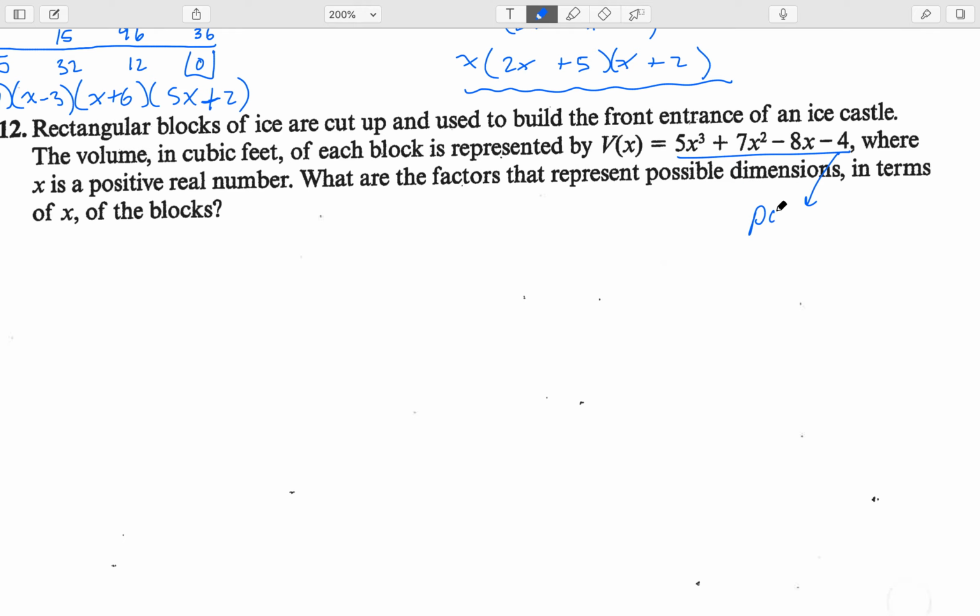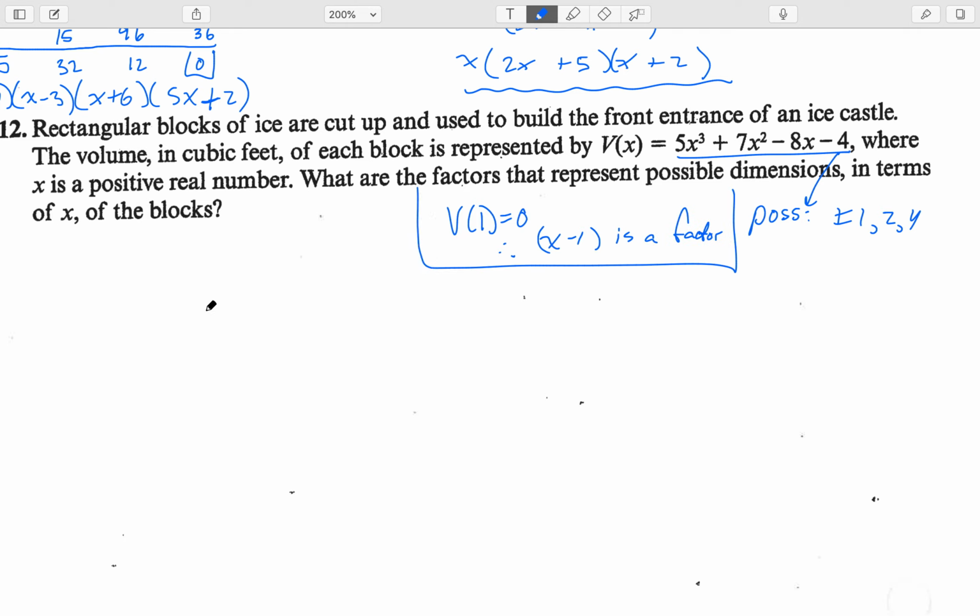Okay, possibilities: plus or minus 1, 2, and 4. If I use V of 1, it equals 0. So therefore, x minus 1 is a factor. So let's do it. Positive 1 goes out front. And it's 5, 7, -8, -4.